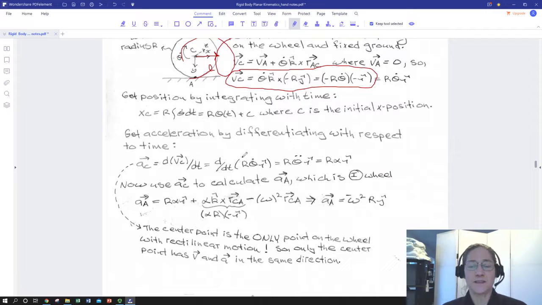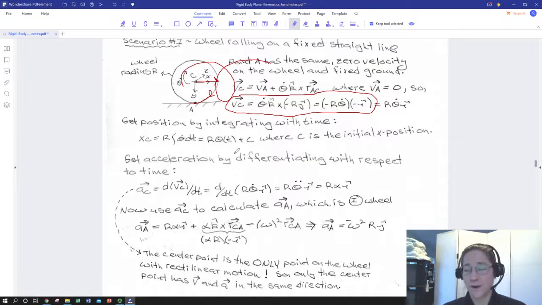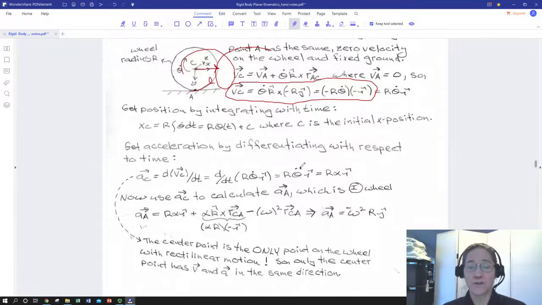So we just take d/dt of our r theta dot, or omega, angular velocity, which we've determined in this case to be in the i hat direction, and r is a constant. i hat is in the fixed reference frame, so i hat is not going to change with time. The only thing that will is angular velocity, which becomes angular acceleration. So we end up with an acceleration of the center point of the wheel that is also in the i hat direction.